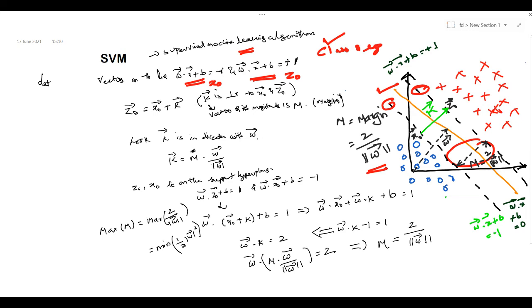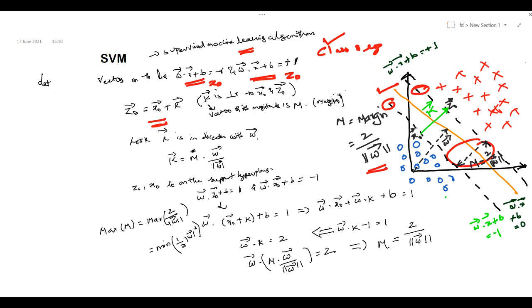We also know through the diagram that z naught bar is equal to x naught bar plus k bar, where k is a vector perpendicular to the hyperplanes through x naught bar and z naught bar. This k bar vector has magnitude m, where m means margin.